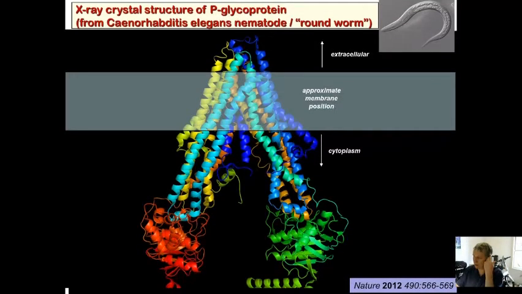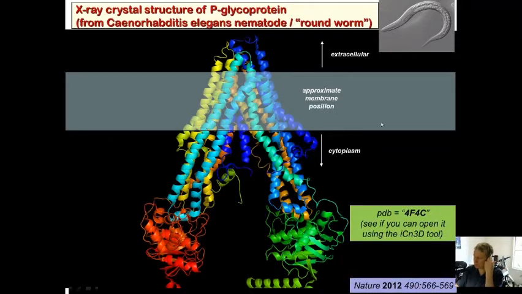We talked about how small molecule drugs get effluxed out, exported. This is a pretty crazy protein, but it's a transport pump, and that's how it works. That's the X-ray crystal structure, the PDB file. This might be something you can open with the IC3ND, but it's also a pretty big protein.